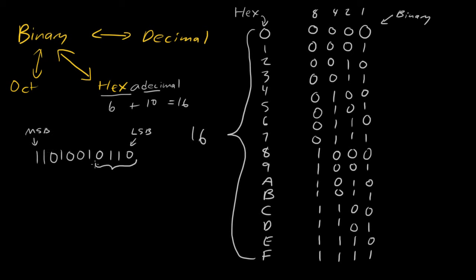I look at this in chunks of 4 because I have 4 bits on this side for each hexadecimal digit. There's 16 possibilities, and 2 to the 4 is 16. That's why this works. So 4 bits represent 16 possibilities.